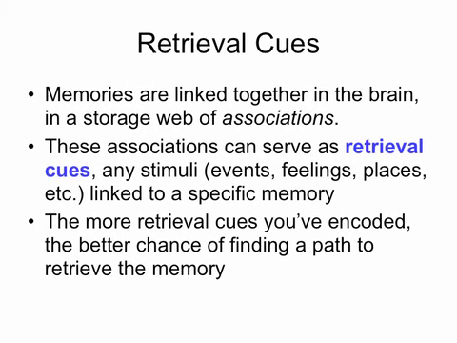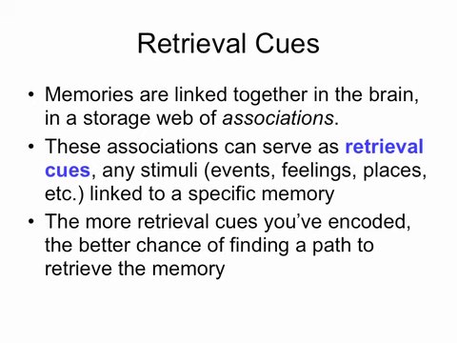Well, here's some different retrieval cues that can kind of help you. All right, so we know that memories are linked together in the brain in this web of associations. And so if you can use these associations to your advantage, you can use those as retrieval cues. So any stimuli, like events, feelings, or places, can be linked to a specific memory.